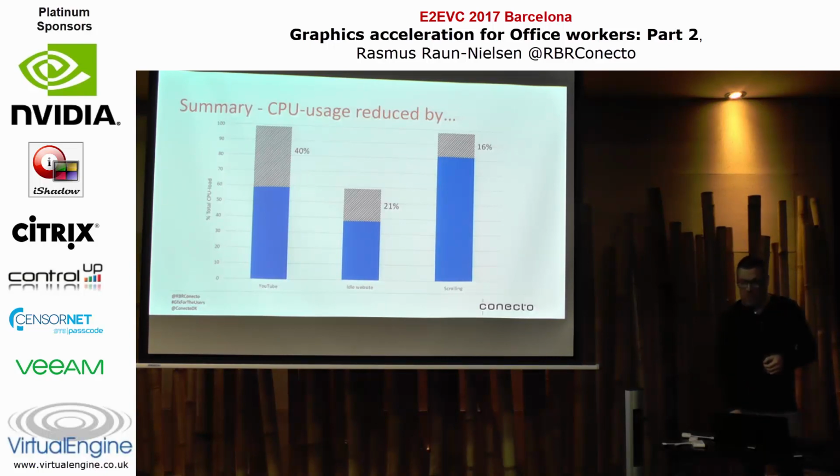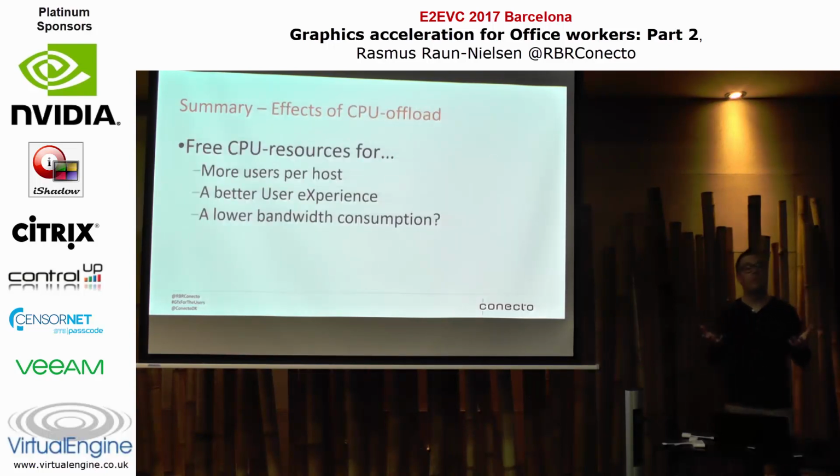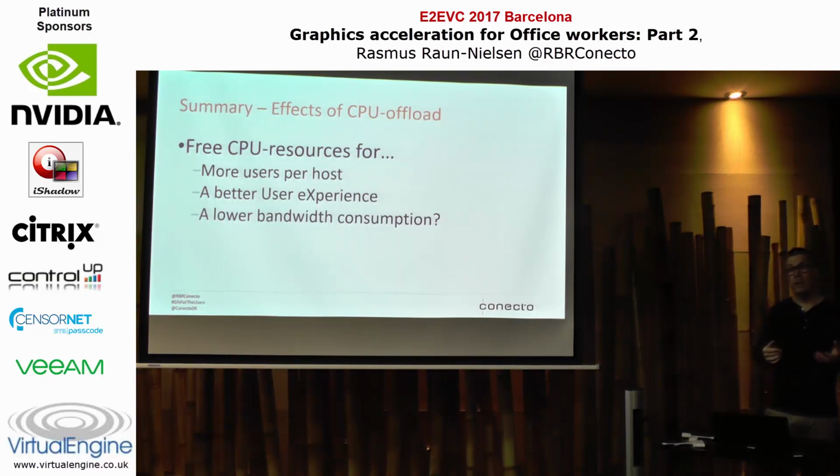And all these CPU resources, well, what can we use them for? Well, we can of course use them for having larger user density, more users per box, and having the same user experience. Or we can decide to give the users the headroom they need, or headroom for future upgrades.